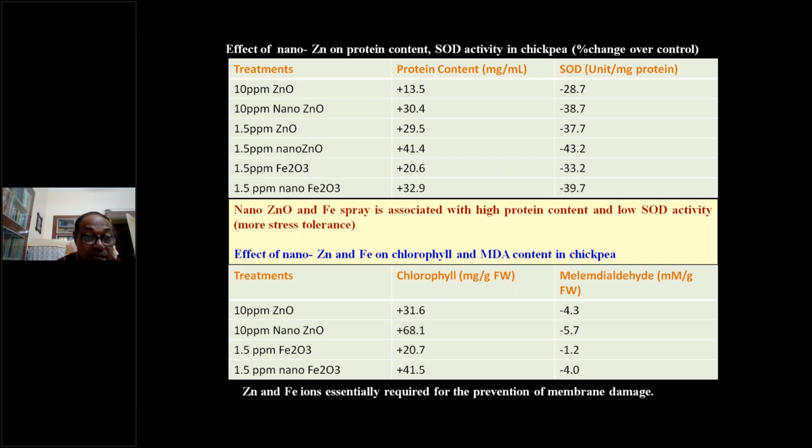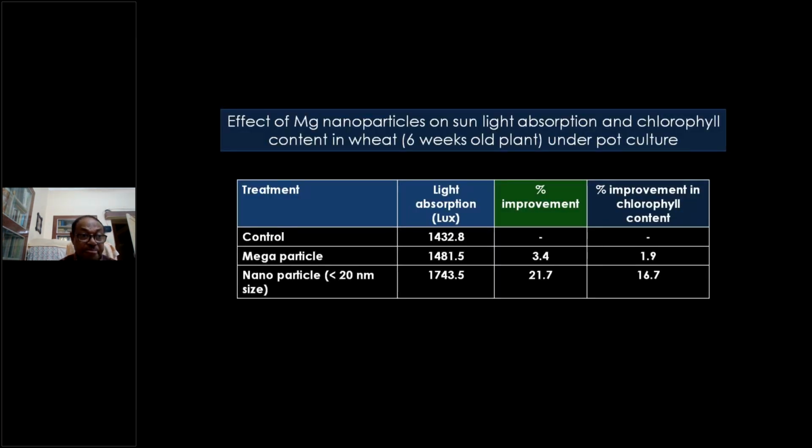Again, if you look here, the chlorophyll content has been increased with biosynthesized nano zinc and nano iron, and MDA activity is declining. MDA activity declining means reduction, or prevention, of membrane damage. So plants become more survivable when you apply nanoparticles as fertilizer or as protectors to the plants.